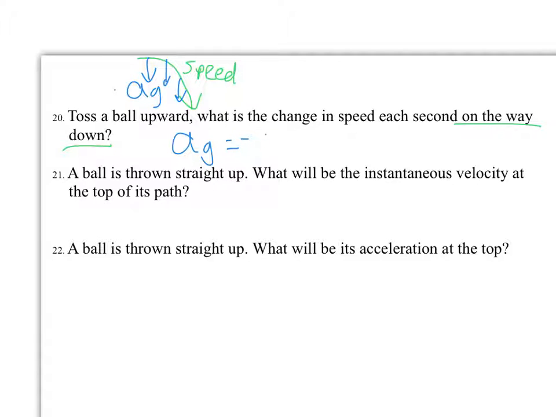So gravity has that value of 9.8 meters per second squared, meaning that it increases our speed by 9.8 meters per second every single second on the way down. Because it's down, that's why we typically have that negative on the acceleration, on that gravity. So that down is what gives us our negative there.